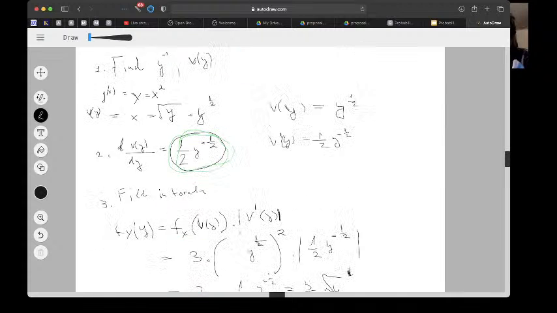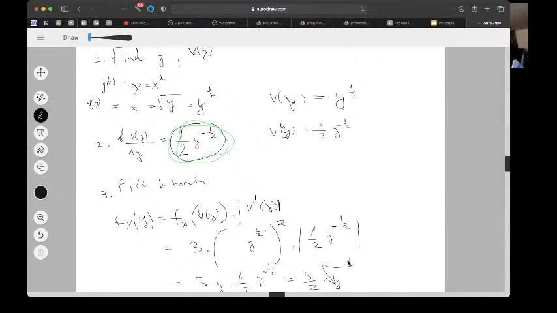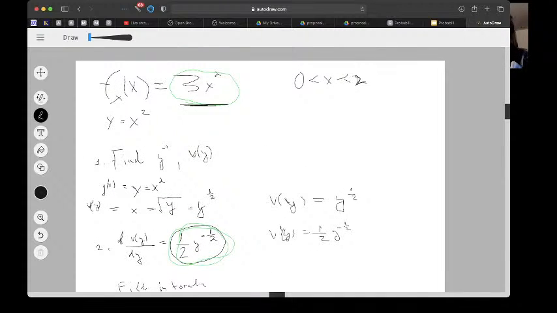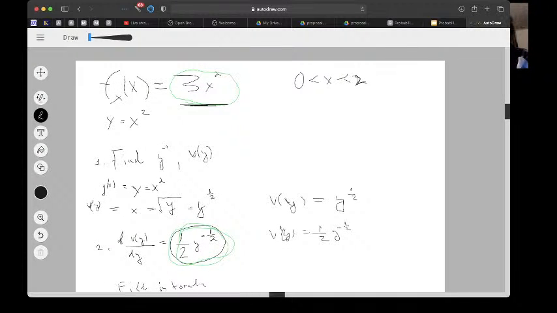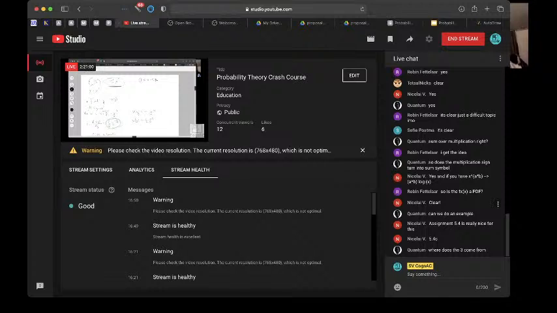Because here you want to substitute f of x, but now plug in v of y for the value of x, and our f of x is 3x squared. This is where the 3 comes from. Okay.